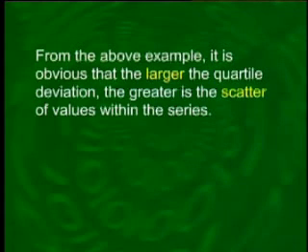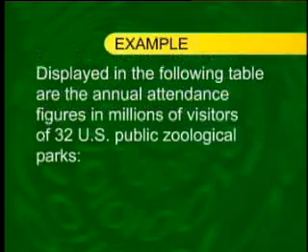Now the question is, how do we compute the quartile deviation in the case of raw data? For this purpose, let us go back to the example of the US zoological parks that we considered in lecture number 7. As you will recall, the example was displayed in the following table: the annual attendance figures in millions of visitors of 32 US public zoological parks.